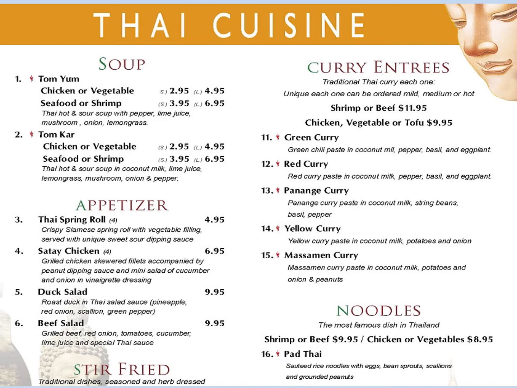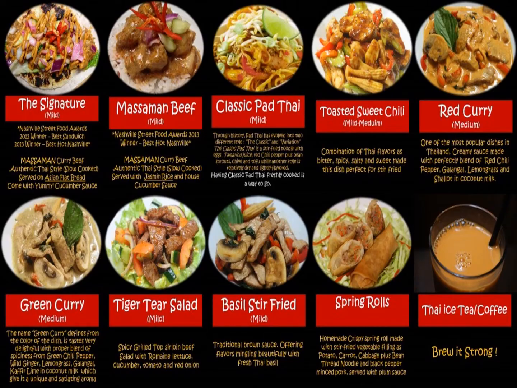And then some restaurants even go a step beyond that, and they have little pictures of the dish, so you get a better sense of what exactly this meal might be if you ordered it.